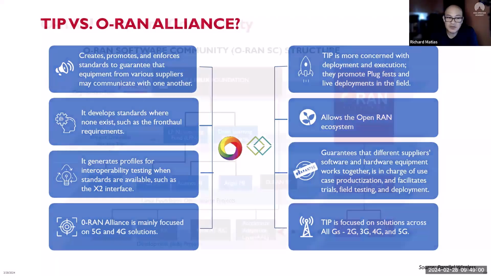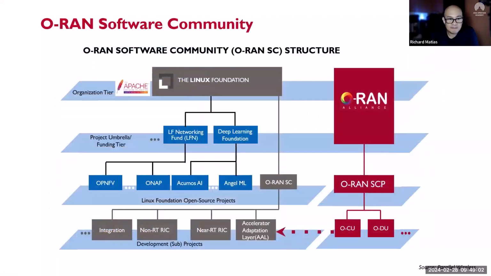Now, in terms of software, there is another organization. We call it the O-RAN Software Community, or O-RAN SC, which is funded by the Linux Foundation. That's why if you experience the configuration of Open RAN, it's based on Linux, because it's based on this O-RAN Software Community.